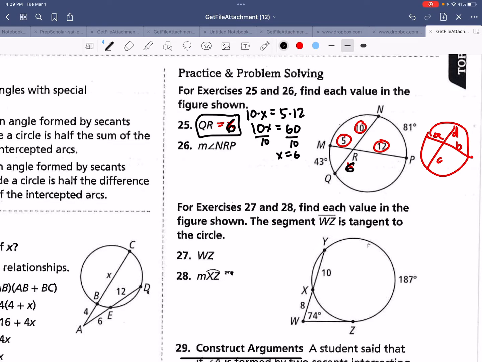All right, what about this angle? So they laid 2 of these on top, so now they're asking for an angle, so I can think of it from a different perspective, right? I know that the big arc plus the little arc has to equal this angle. It's the average. So 81 plus 43, cut that in half, is the interior angle.